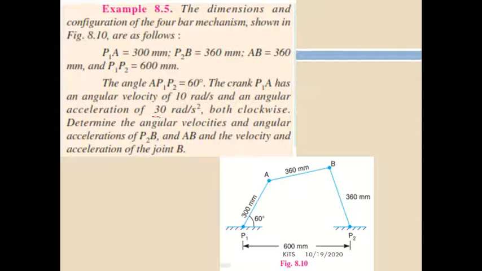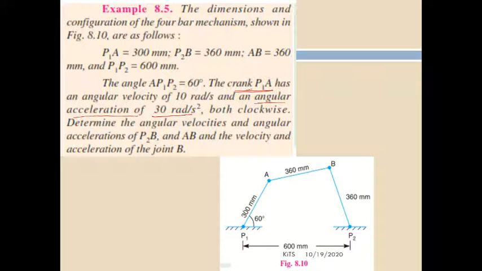They have given the alpha value for the crank. The crank P1A has angular acceleration of 30 radian per second square. So in this question they have given the angular acceleration value.